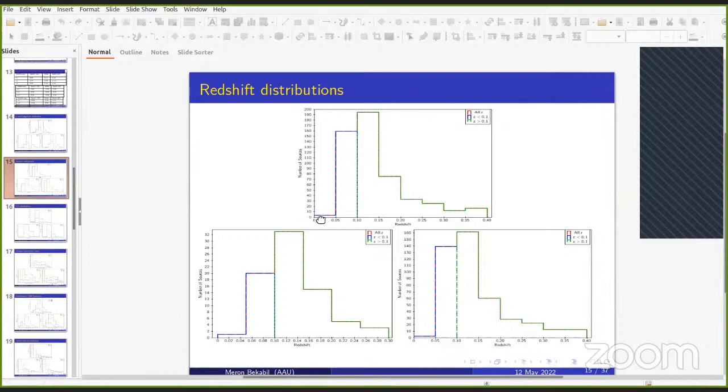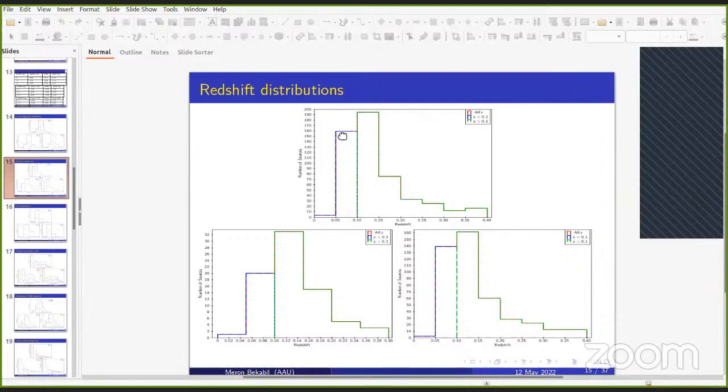As you see, the red dotted line goes through all redshift ranges. So this is for all redshift ranges. The blue one comes from 0 up to this one, and we know that the completeness of the SDSS is very important. Most of them are located around this redshift range.